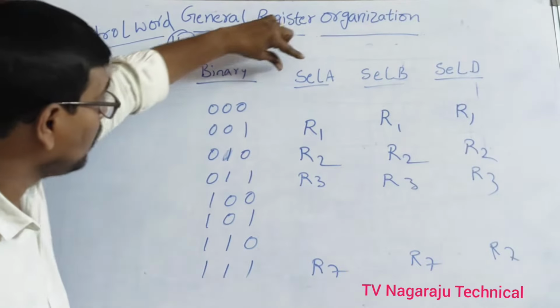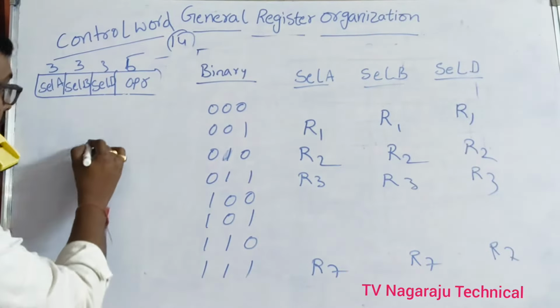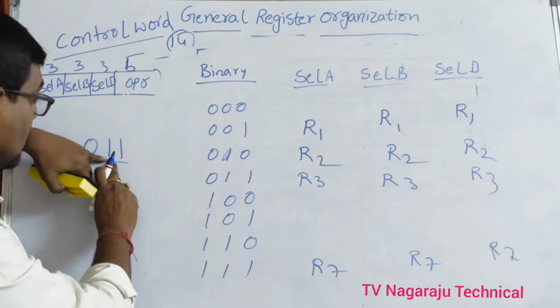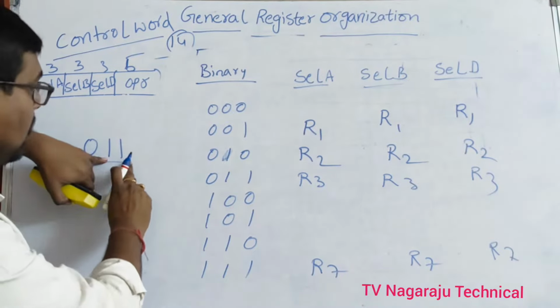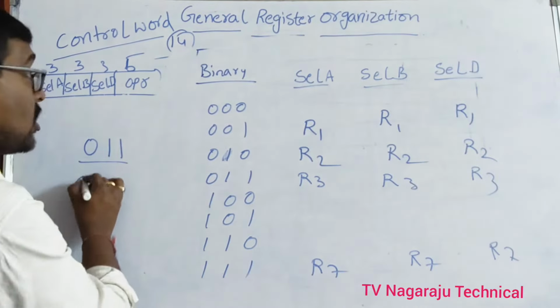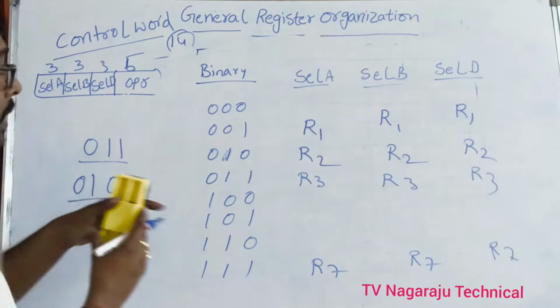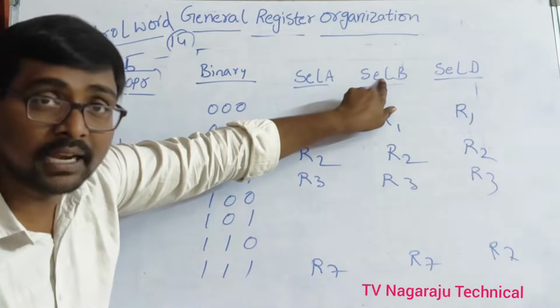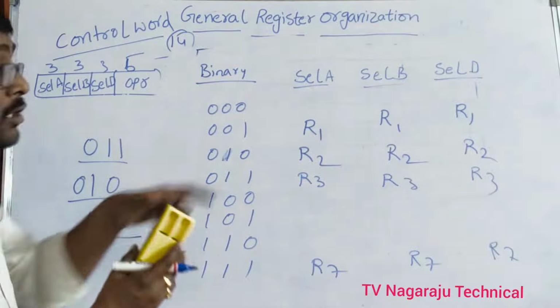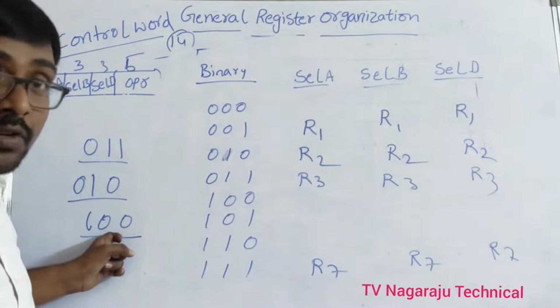For example, if the selection A value is 011, that means this is 3, so R3 register is selected. Suppose the selection B value is 010, R2 register is selected. For example, 100: the destination register is 4, R4.